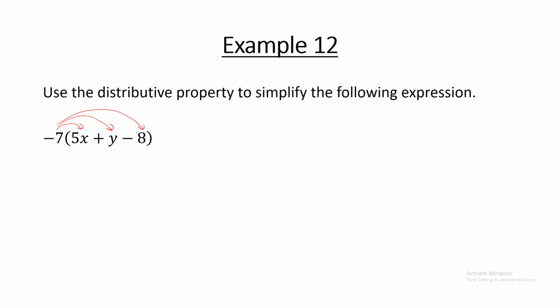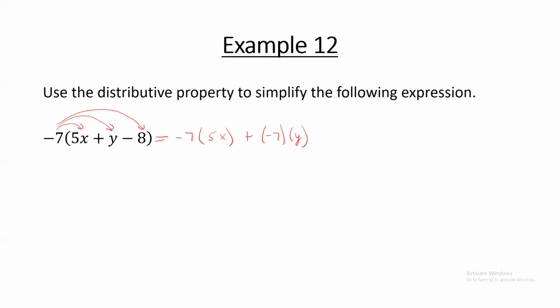So we will distribute the multiplication over this addition and subtraction. That means that I'm multiplying the -7 by 5x, and I'm multiplying -7 by y.